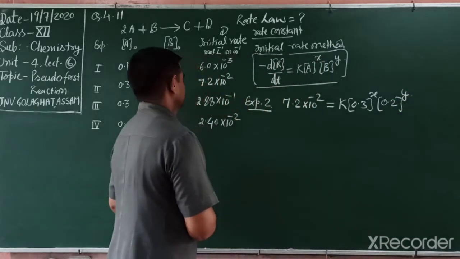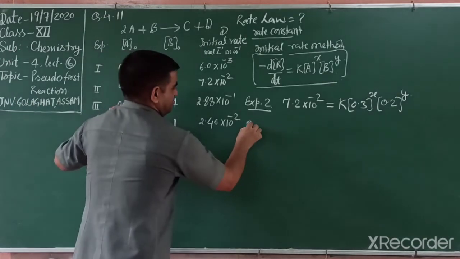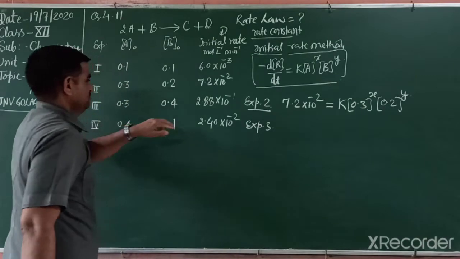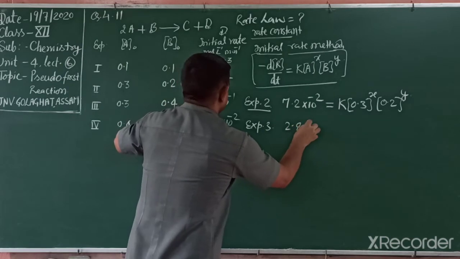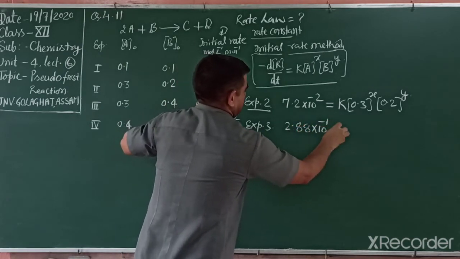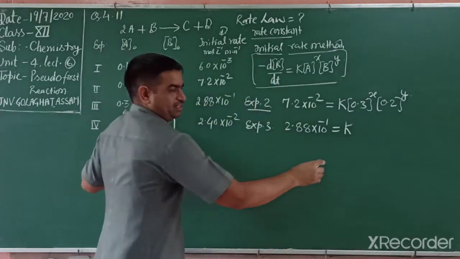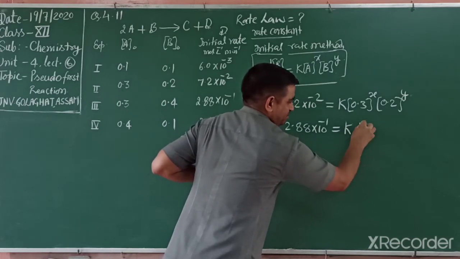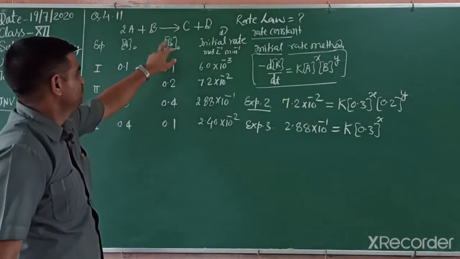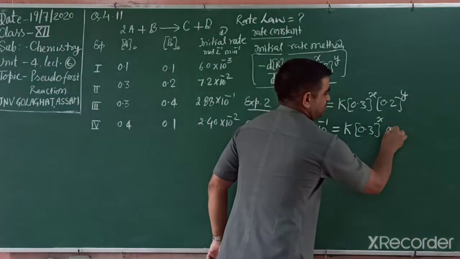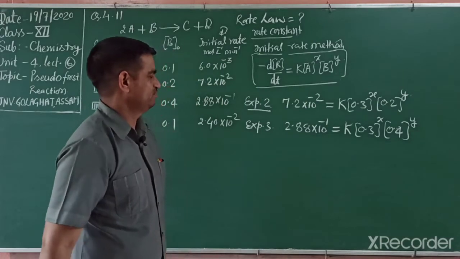And from experiment 3, the rate of formation of D is given, that is 2.88 into 10 to the power minus 1, equal to K, concentration of reactant A 0.3 power x, and concentration of B 0.4 power y.